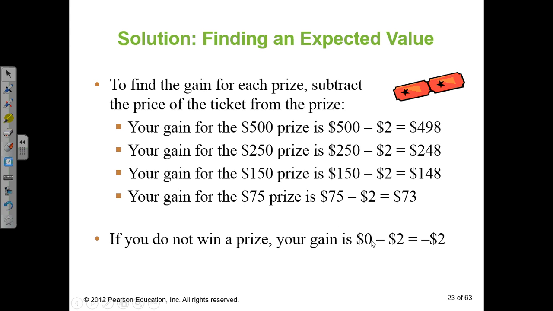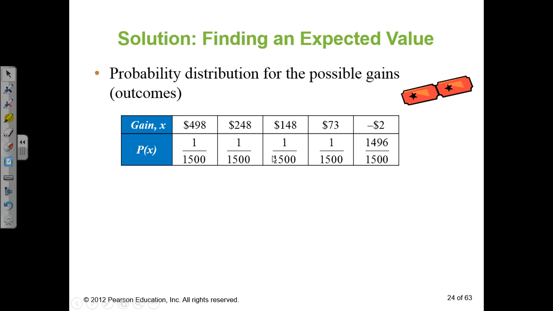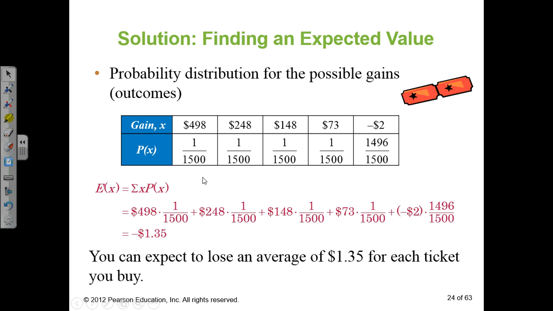But if you did not win at all, your gain was not 0, your gain was a negative $2 because you lost $2. So let's find the expected value, which is the same thing as finding the mean. We could set up the table here like this. And we just do 498 times the 1 over 1,500, 248 times the 1 over 1,500, and then sum each of those values up, and we get a negative 1.35.